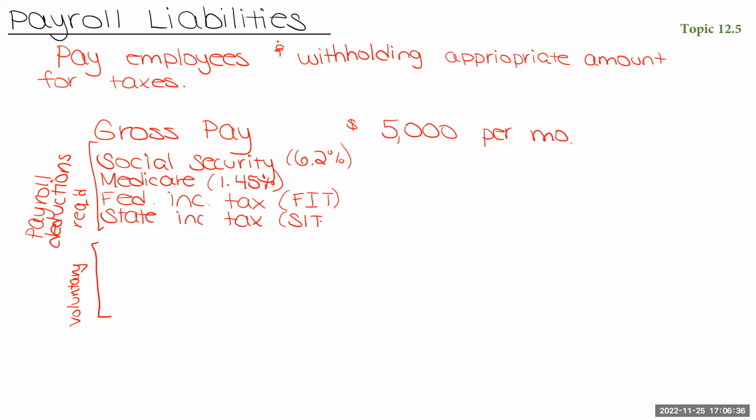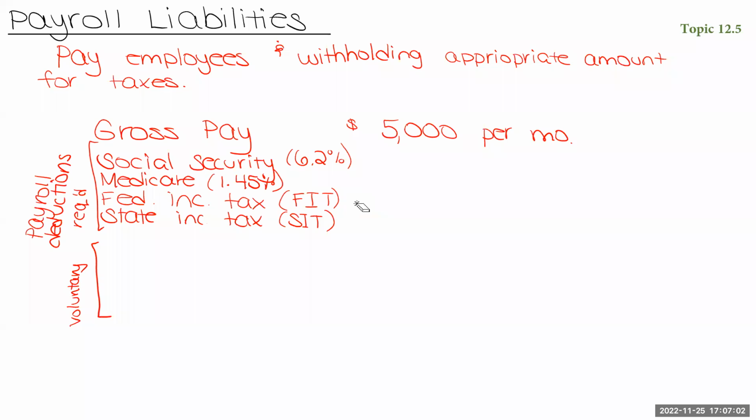Now, those are not necessarily a percentage like the Social Security and Medicare. Those are based off of the tax tables calculated according to the W-4 information you submit when you start employment. Okay, so for our problems, they will give you that information. All right, so those are your required payroll deductions.